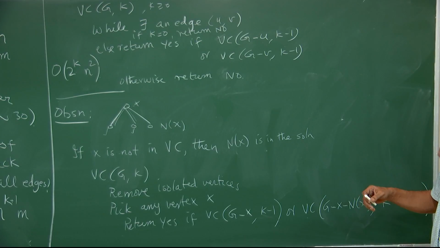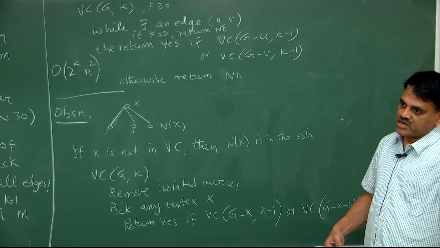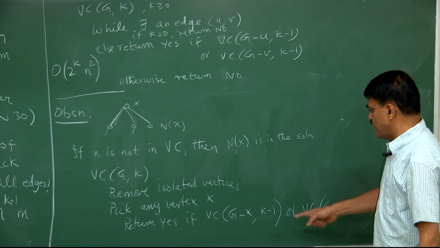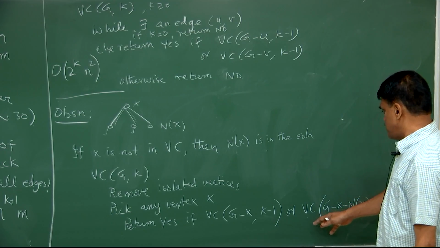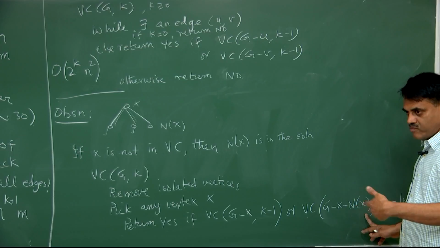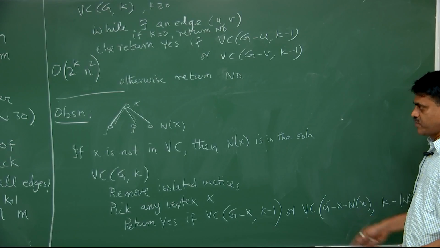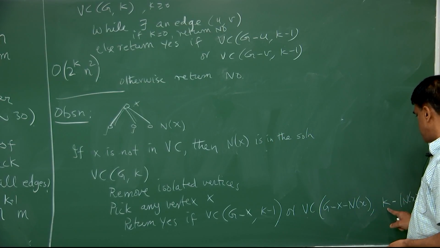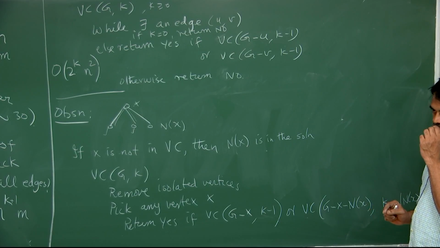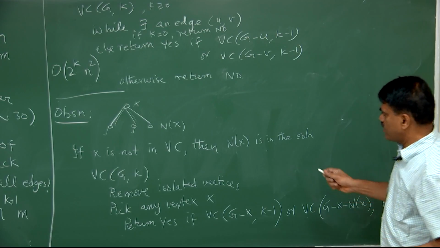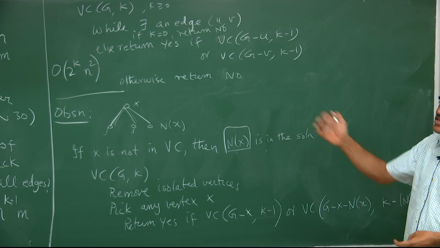So pick x into my solution, delete it, in the remaining graph look for a vertex cover of size k minus 1. If I find that, add that to x and I get a vertex cover of size k in the graph. Otherwise, delete x, delete its neighbors completely. So all its neighbors are gone. Now N of x is included in my solution because x is not there. So in that other branch, I am looking for a vertex cover of size k minus the degree of x, because I have picked so much into my solution. The size of the neighborhood of x is the same as the degree of x, right?